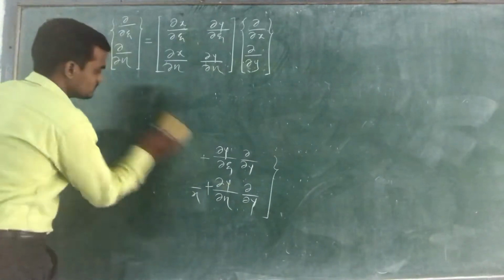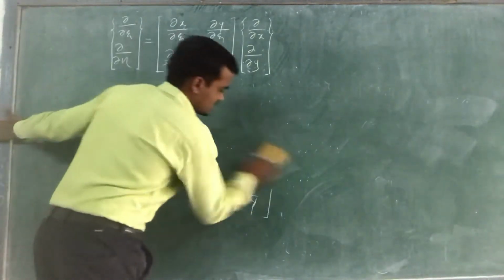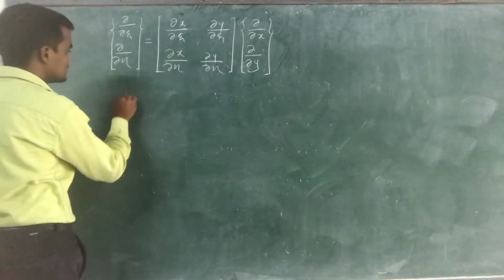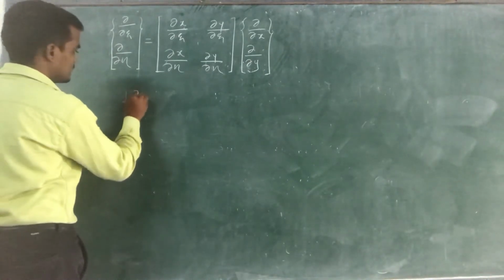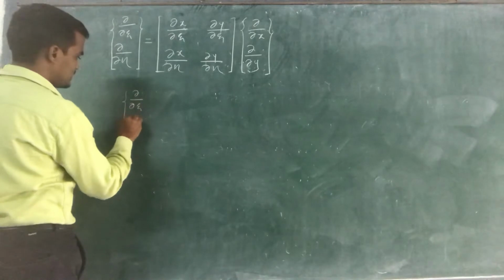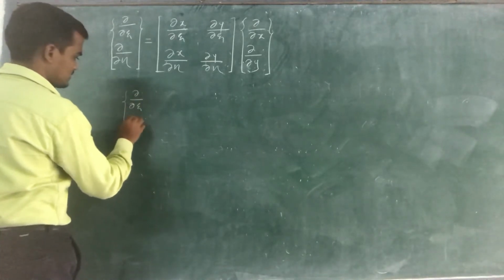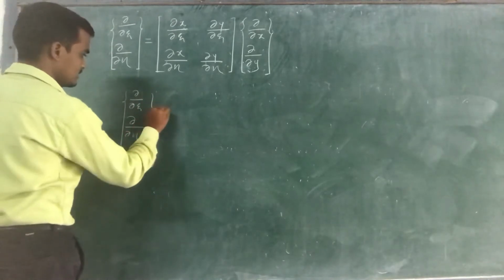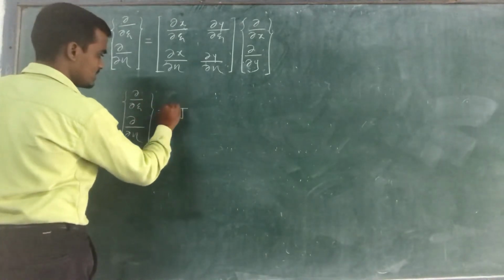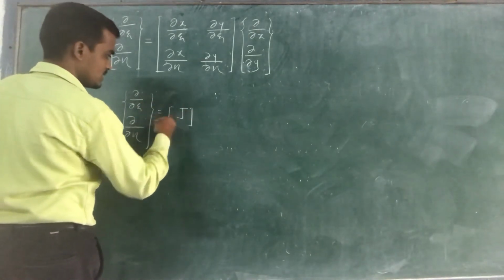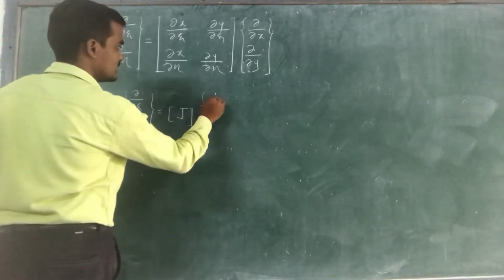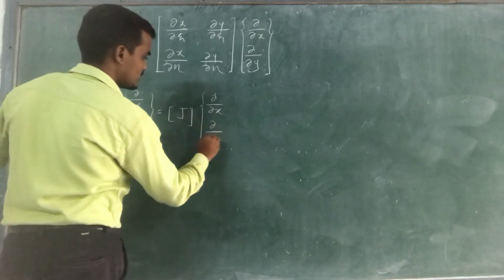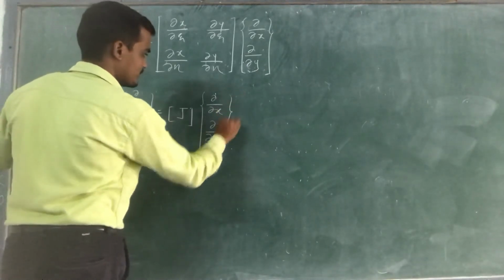Okay. So here we can write this as ∂/∂ζ and ∂/∂η is equal to J matrix into this vector ∂/∂x, ∂/∂y.